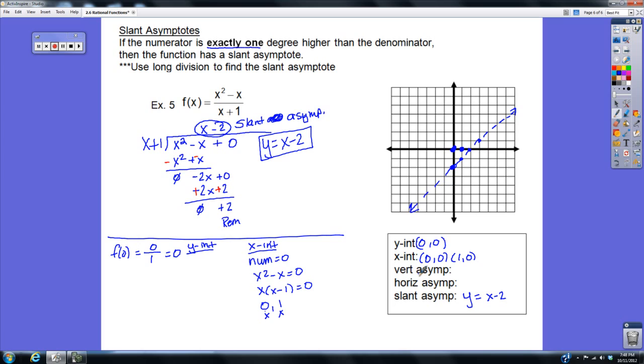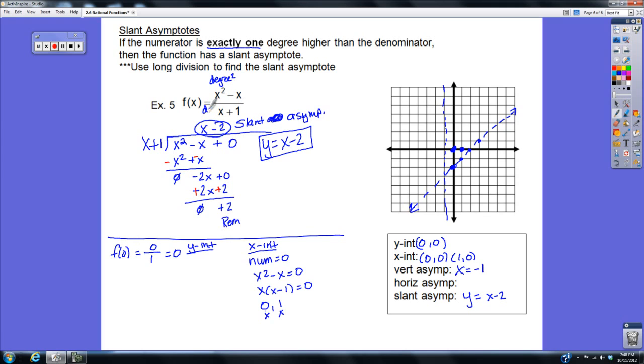Right, vertical asymptotes. Zeros of the denominator right here. X equals -1. Right there. Vertical. Horizontal. Check out the degrees. The degree up here is 2.